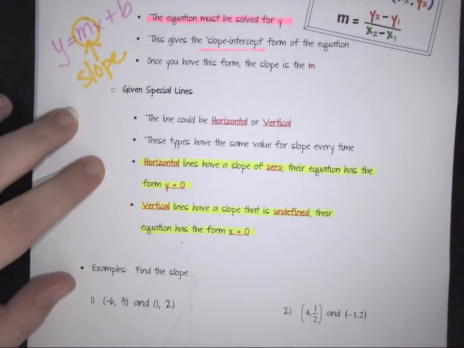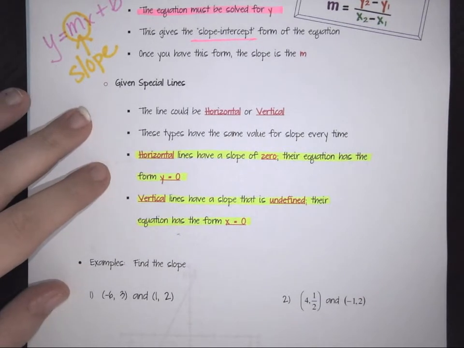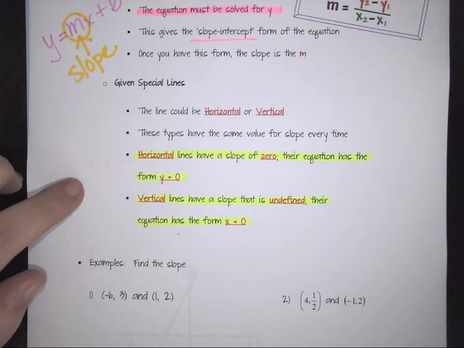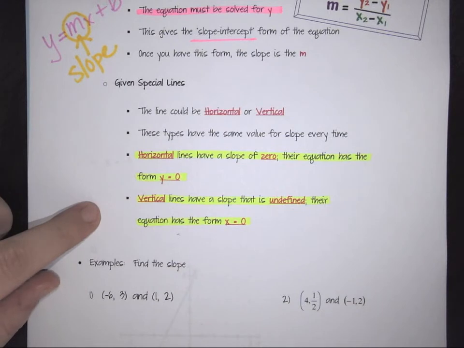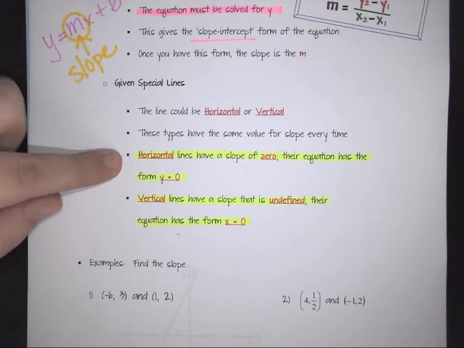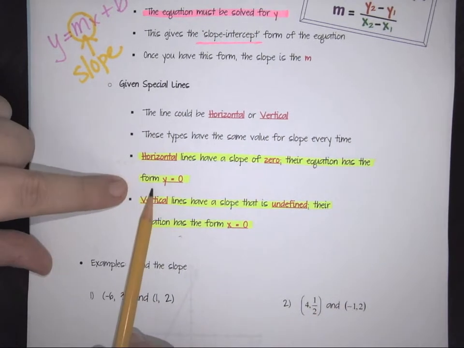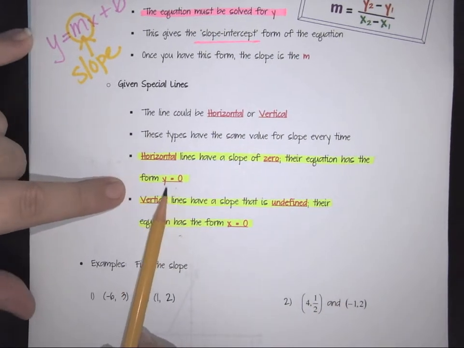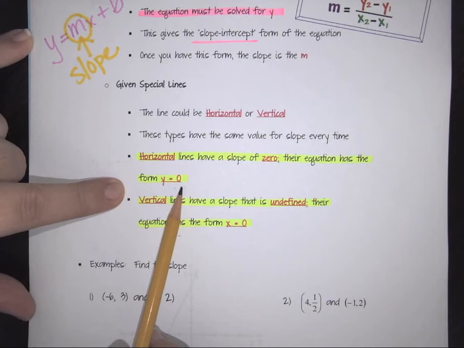Now last we have your special lines. So special lines are just that. They are horizontal or vertical. What you have to remember is that horizontal lines have a slope of 0. Their equation comes from the form y equals something.